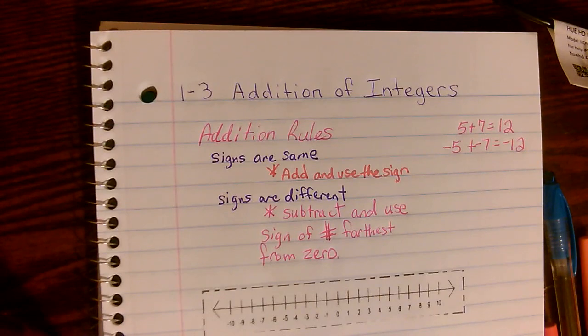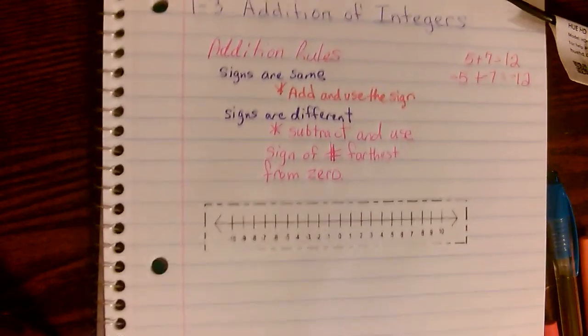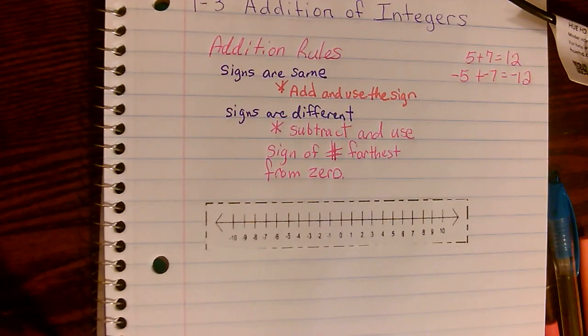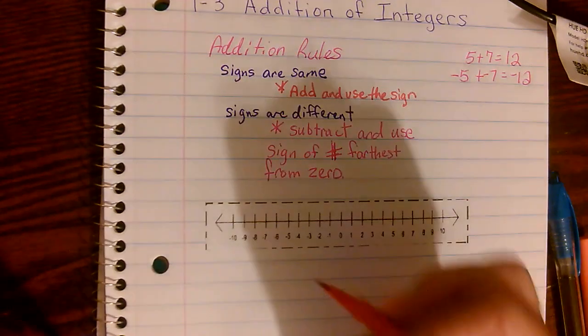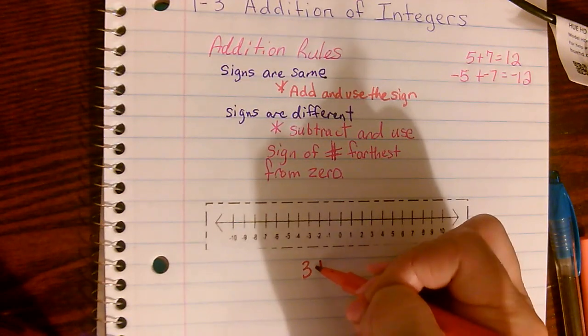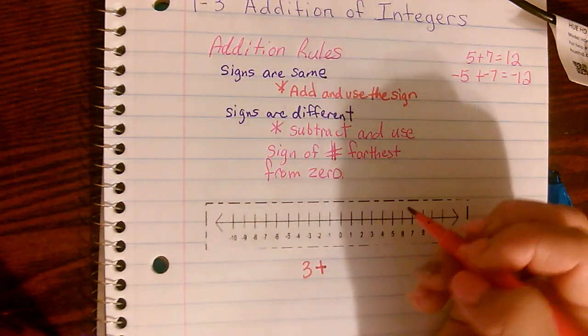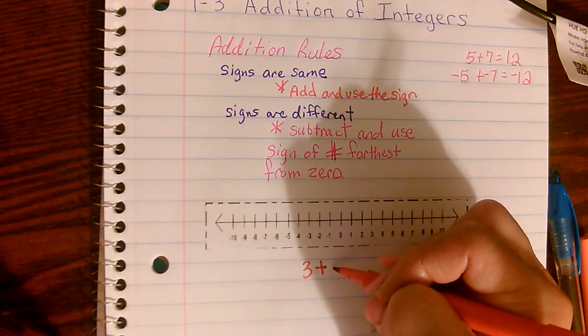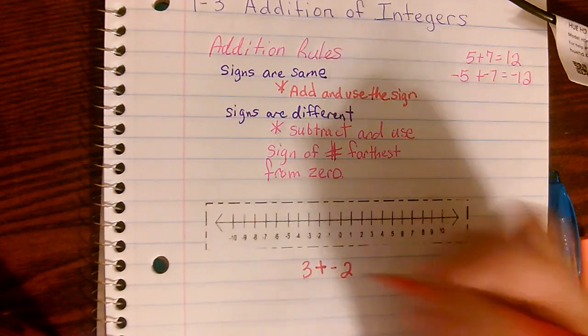Okay, we're going to do with this number line a little practice here. And you can use the number line to mark out how this math problem goes. We're going to walk through this by first writing 3 plus -2.